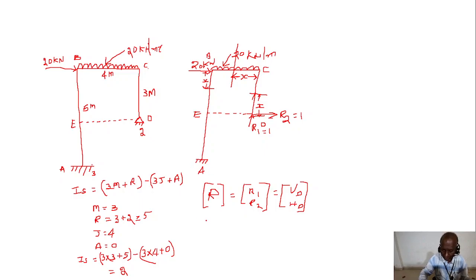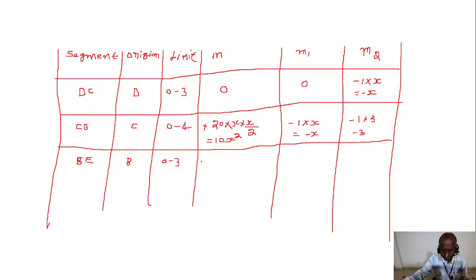So you will write down 20 into 4 into 2 plus 20 into X. So this is 160 plus 20X.